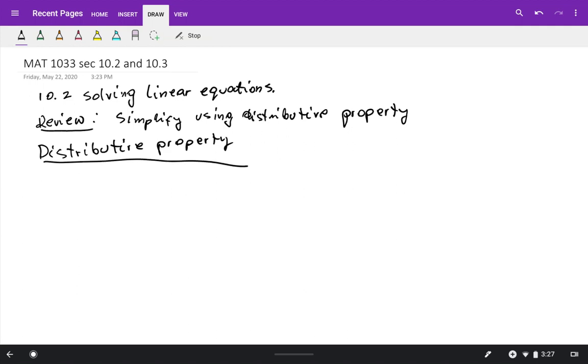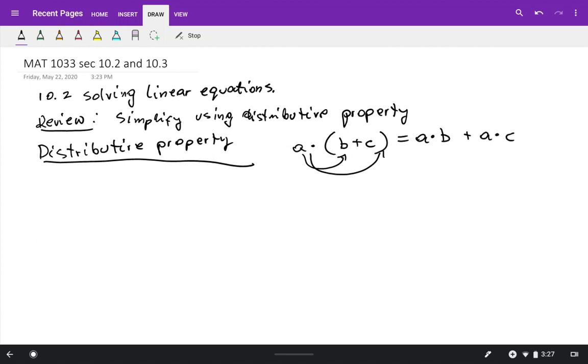The formula is A times, in parentheses, B plus C. This is the same as A times B plus A times C.